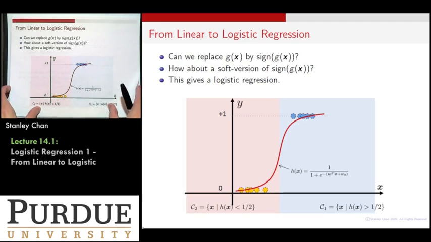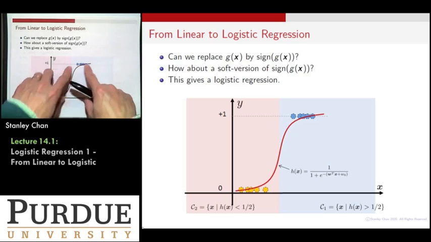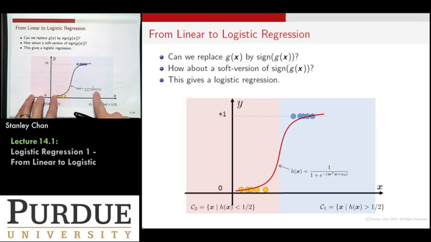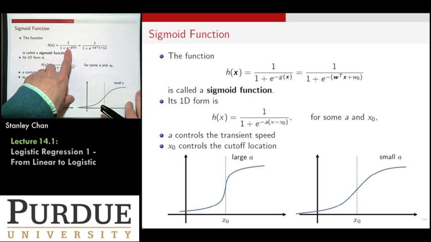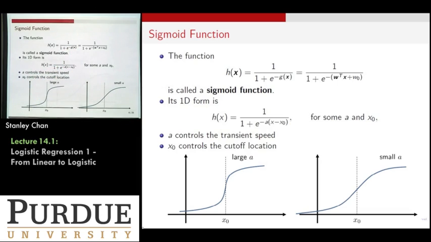So what we are going to do is look at the data points, look at this function, and look at a way to fit all these data points using this logistic function, see how well we can do, and then analyze some of the theoretical properties. The function that we are using takes this form, 1 over 1 plus e to the minus g(x), where g is your discriminant function.